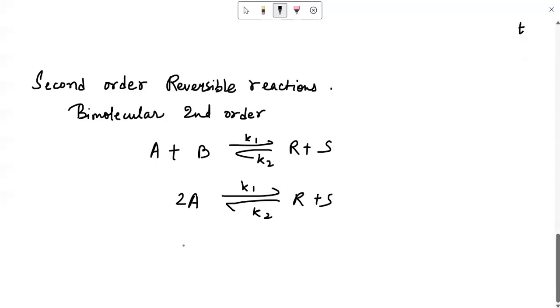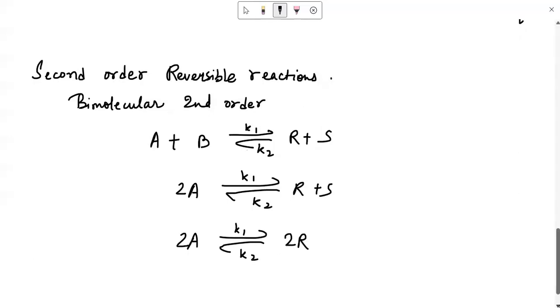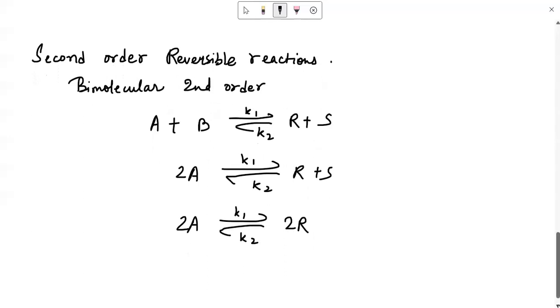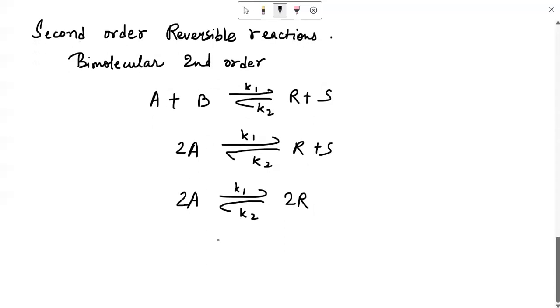The third form is 2A reversibly gives 2R. The other form is A plus B reversibly gives 2R. Okay, so these are the 4 forms.